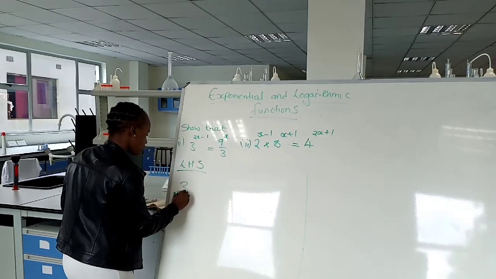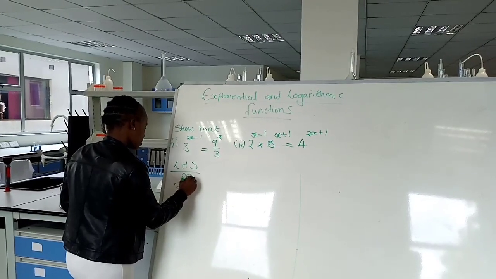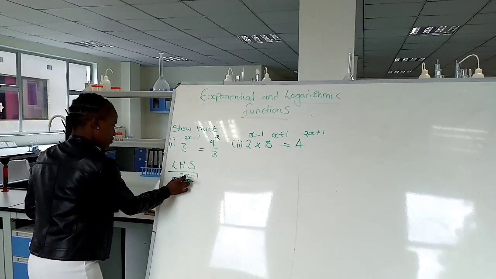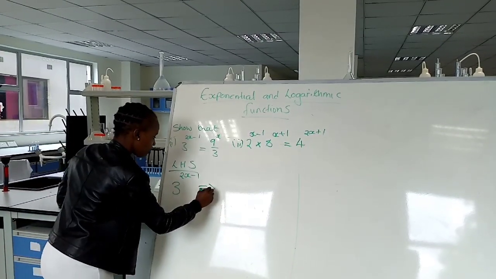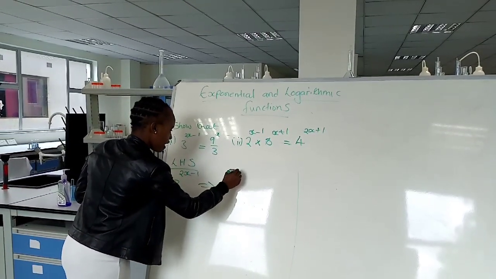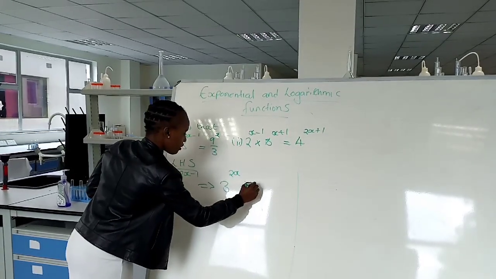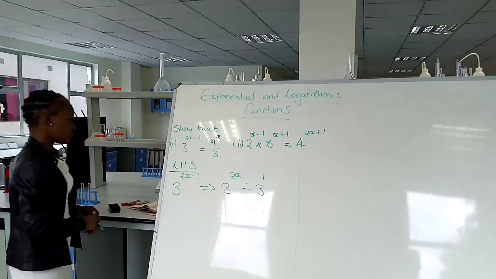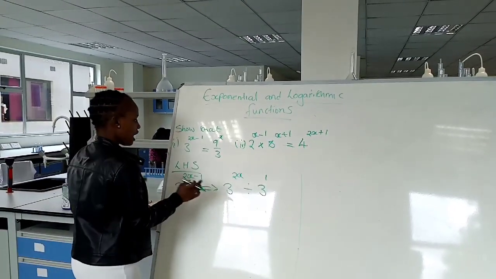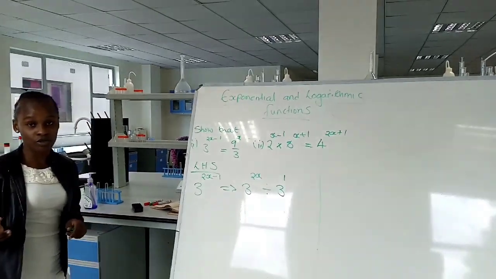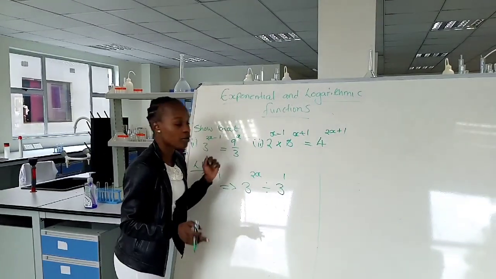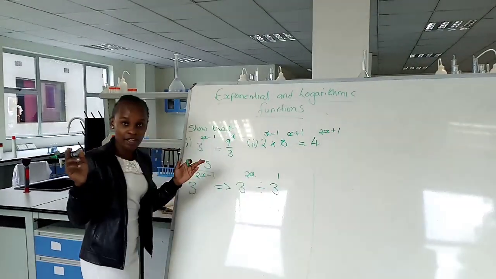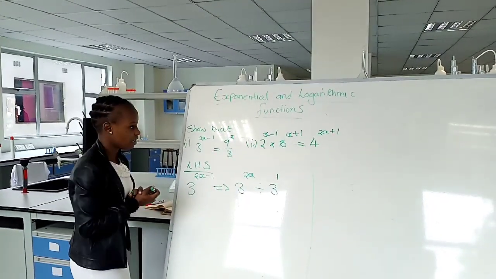So we have 3 to the power 2x minus 1. From what we have here, we realize that we can get 3 to the power 2x being divided by 3 to the power 1. Then we look at the rules that we looked at when we are considering multiplication. It simply tells us that the powers somewhere they were multiplying each other.